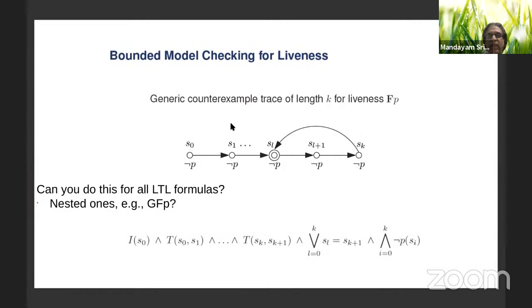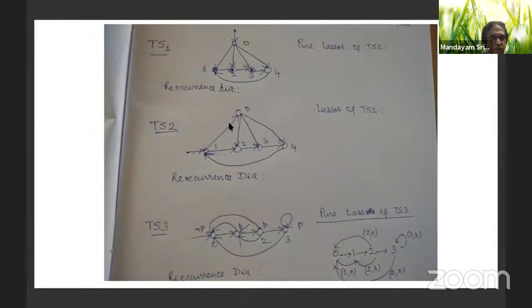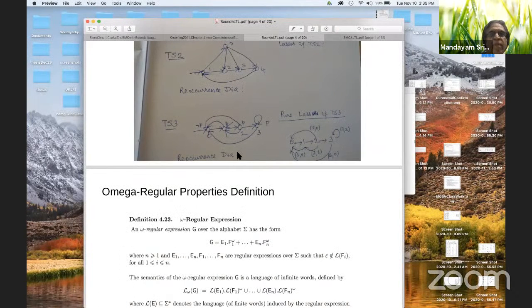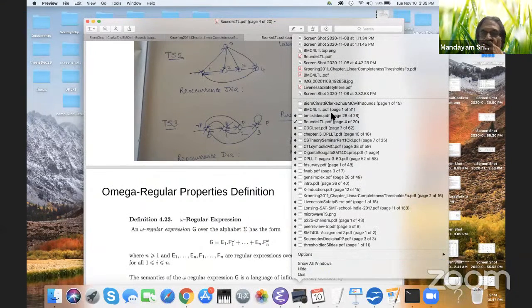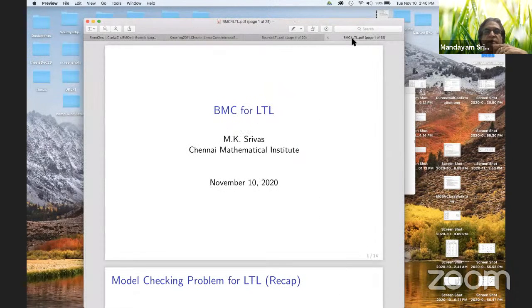So what exactly is the basis for generating this, and how can that basis be used for extending it to LTL formulas? Oops, this is not the slide I wanted. What happened to the slide? This is the one I wanted.